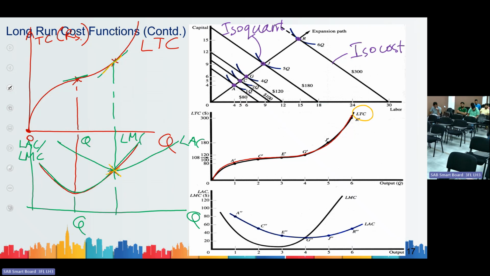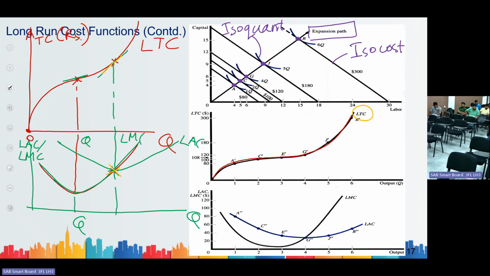With $120, we can produce 4 units of output. With $180, we can produce 5 units of output. With $300, we can produce 6 units of output. So by combining these efficient production points, we draw the expansion path in the long run.